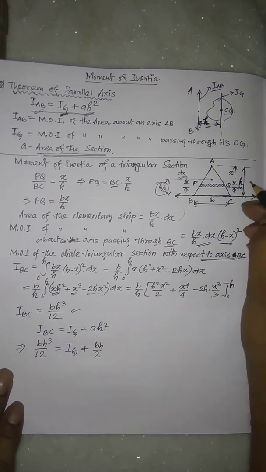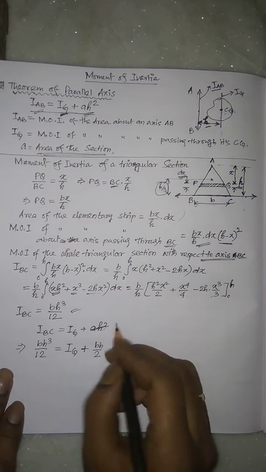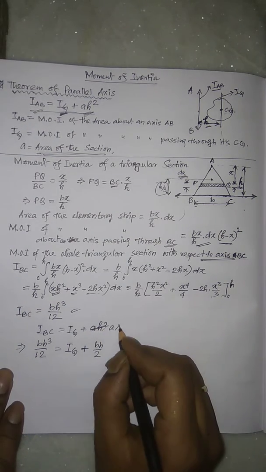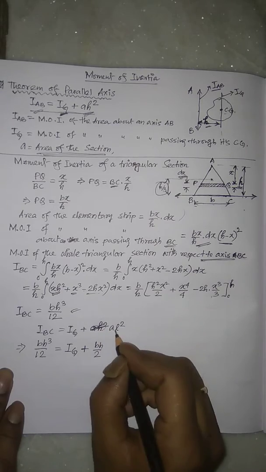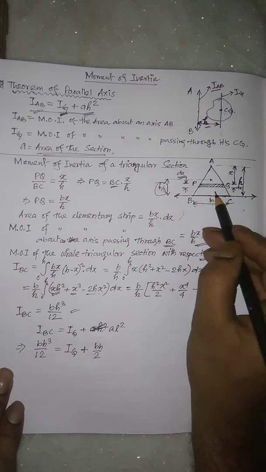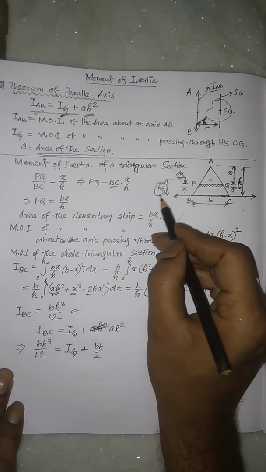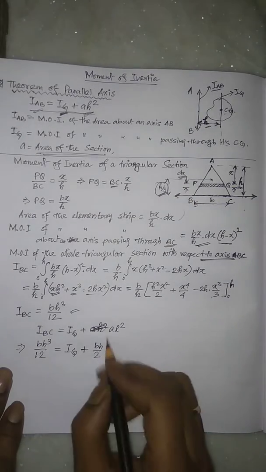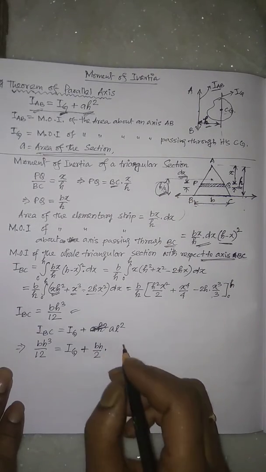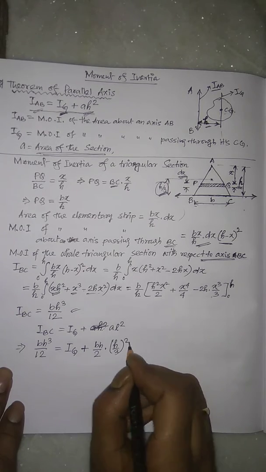This h and this h are not the same. You can change this quantity as A into L square, where L is the distance between the CG and the axis BC, that is equal to h by 3. So in place of L you may write h by 3 whole square.